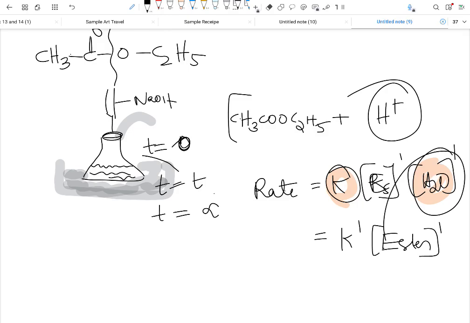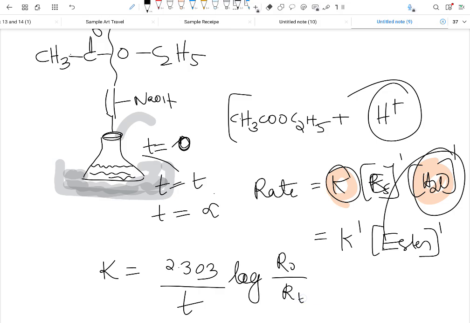So we will follow the equation of a first order reaction, that is k equals 2.303 by t log R0 by Rt, where R0 is the concentration of ester at time t equal to 0 and Rt is the concentration of ester at time t.